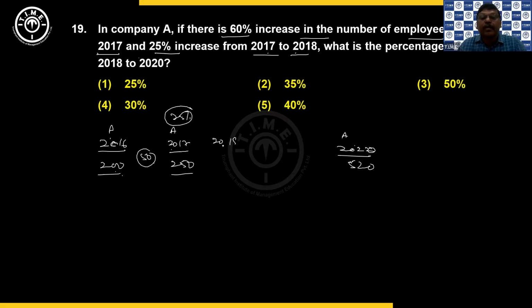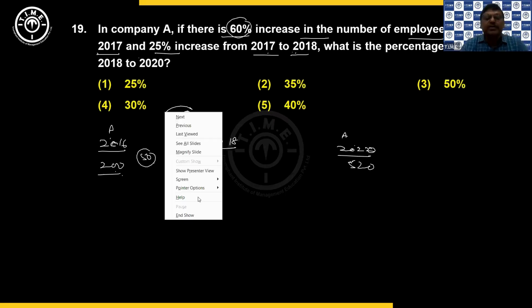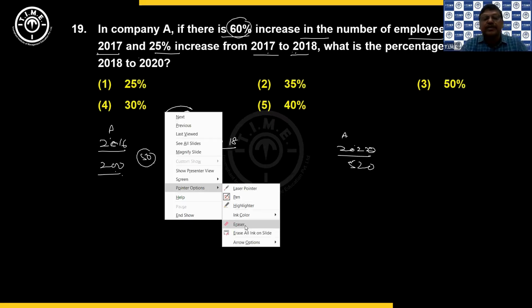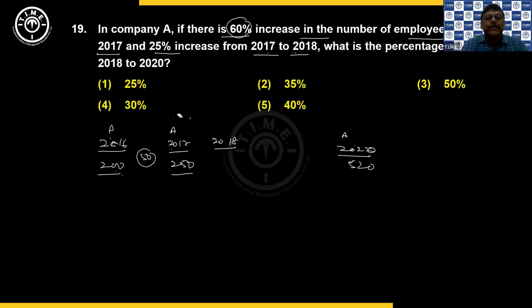I'm sorry, there is a mistake in calculation. One second. Here it is 60%, students. Sorry, let me remove this. Next year, 25%.